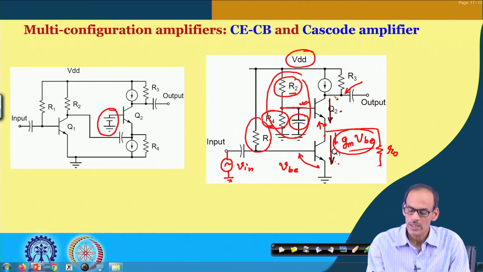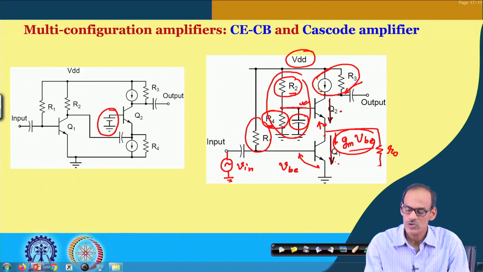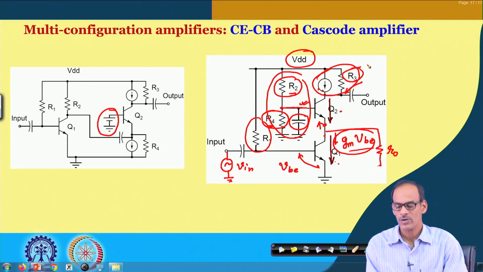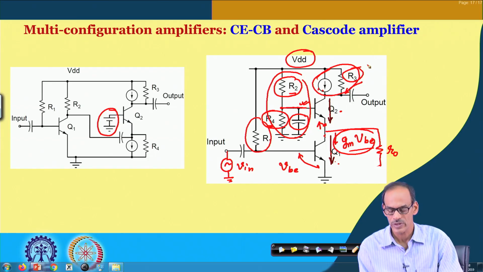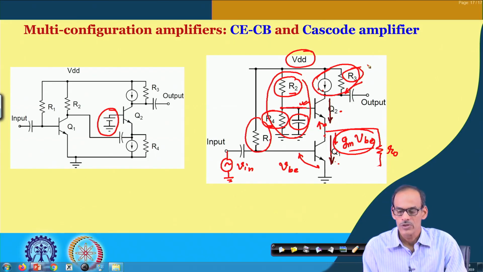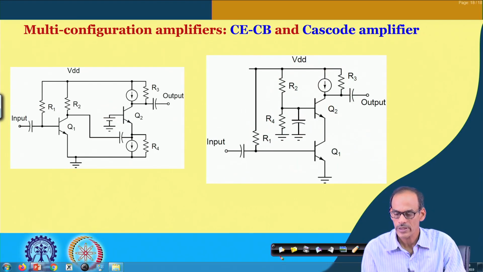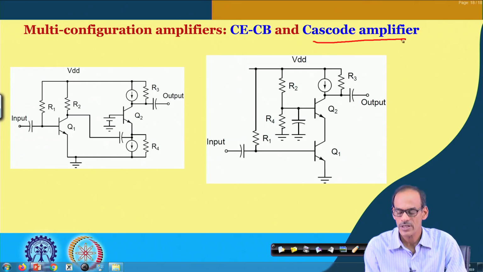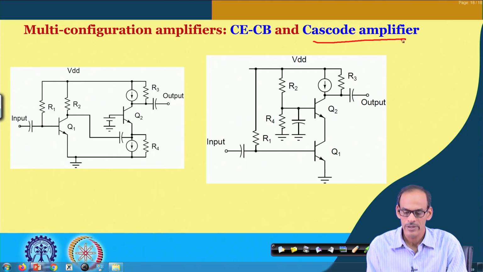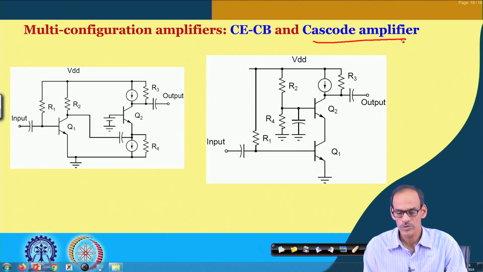And of course, at the collector of Q2, we do have the biasing arrangement, an I bias, maybe with some finite conductance represented by R3 there. Okay. So, that is how we got the cascode amplifier, and as I said, it is a special kind of amplifier and it has higher gain. And to really appreciate that, let me do the detailed analysis of the cascode amplifier.